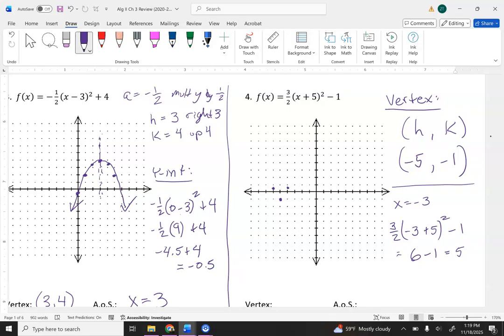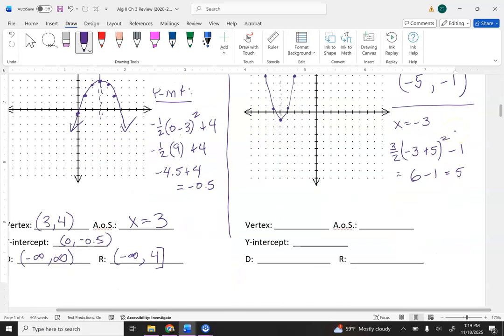So go over to -3, go up to 5. I never did put my axis of symmetry here, but it's 2 units away from there, so it's going to be 2 units on the other side. And then you get a nice looking parabola. You didn't really have to do transformations. You basically just plotted the vertex and then plotted a couple extra points.